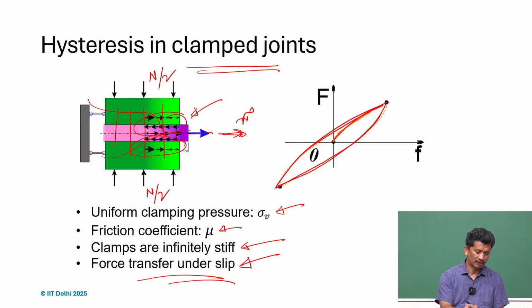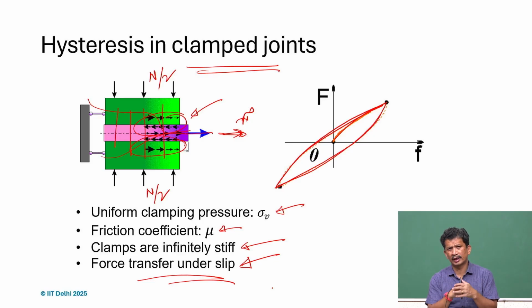But since the distribution at the clamp point is not the same, there will be some slip, and that force transfer will happen because of that micro slip, the moment there is a sliding motion.